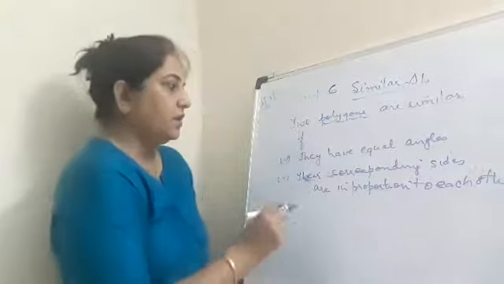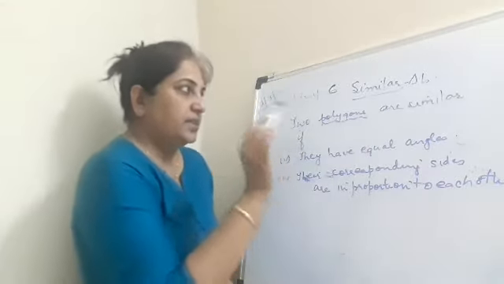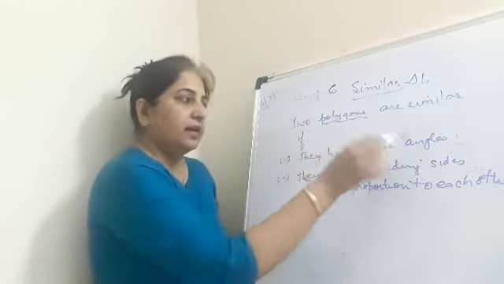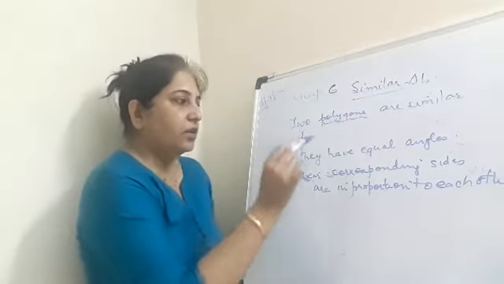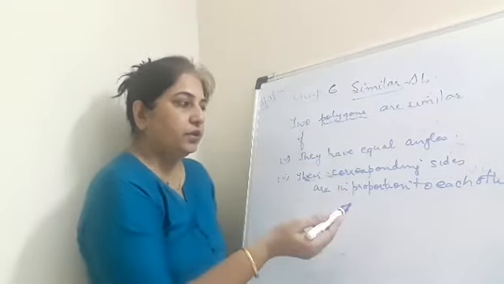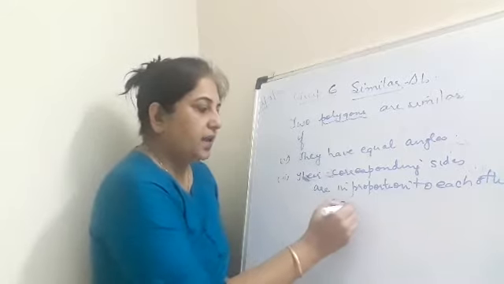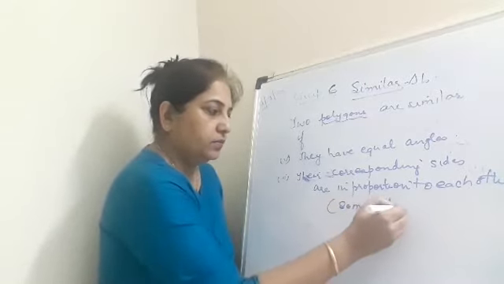I repeat, two polygons will be similar only when they have equal angles and the corresponding sides are in proportion to each other, or they are in the same ratio.